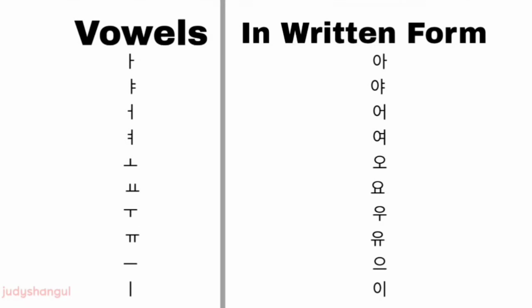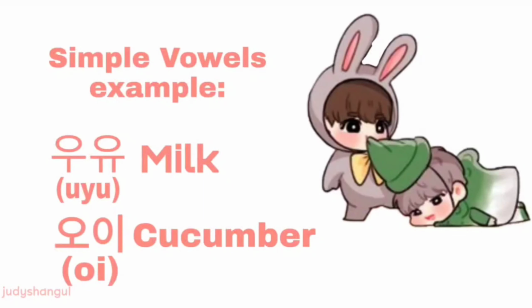They are pronounced the same, like a is pronounced as a, ya, o, yo, o, yo, you, e, uyu, milk, oi, cucumber.